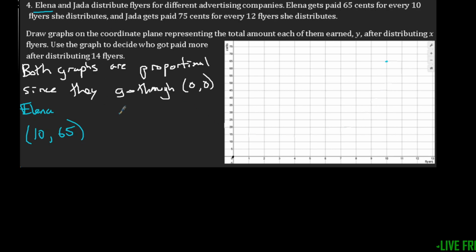And for Jada's, in red, Jada's point is going to be 12, 75. So I'm going to go over 12, go up to 75. Let me label those two as Elena and Jada. So those are the 2 points.